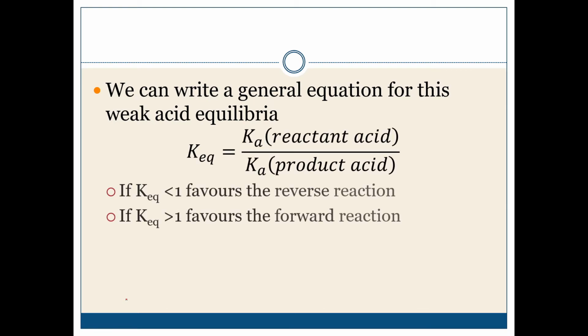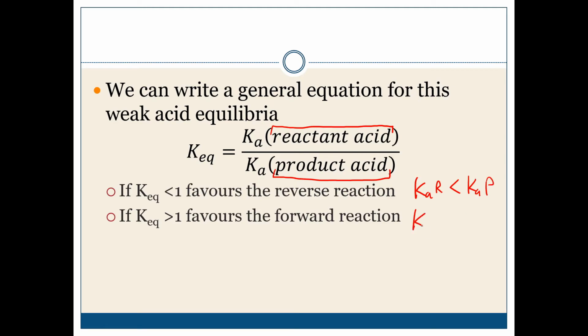So the KEQ of that amphiprotic equilibrium really boils down to the Ka of your reactant acid, which is the acid on the reactant side, and the Ka of the product acid, which is the acid on the product side. If KEQ is less than 1, it favors the reverse reaction, so the Ka of the reactant acid is less than the Ka of the product acid.